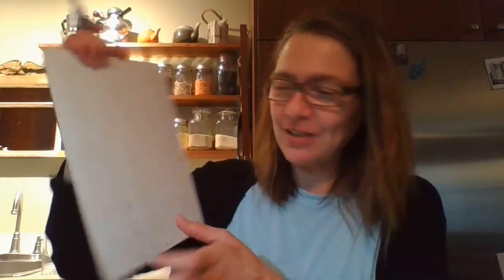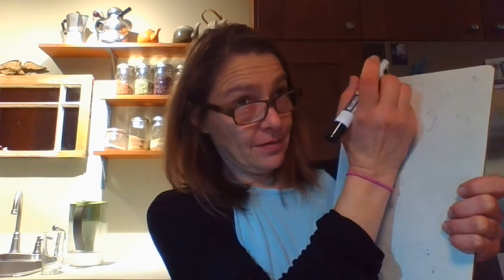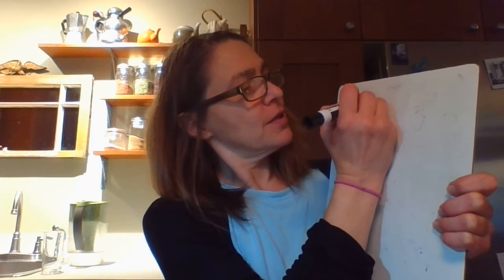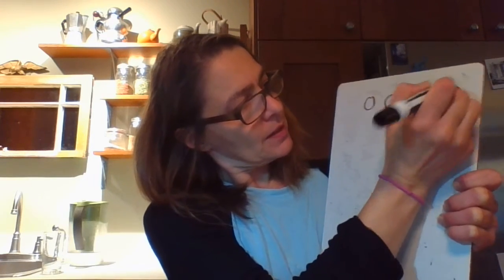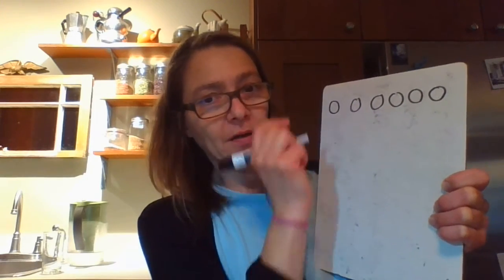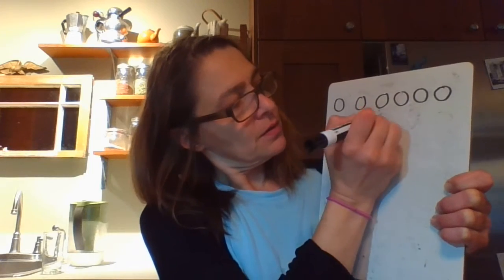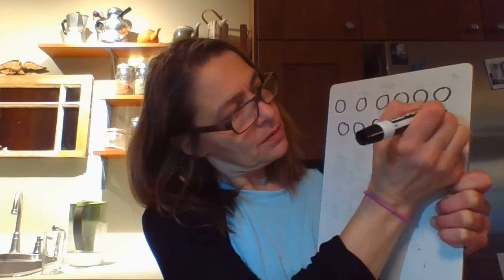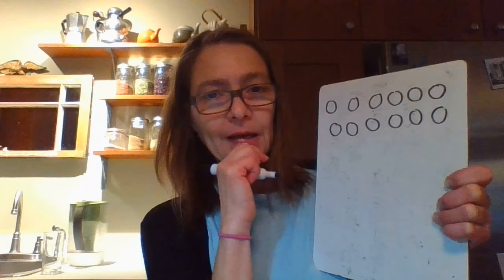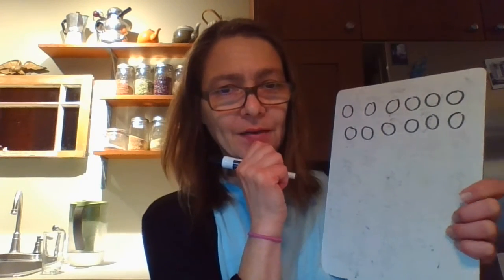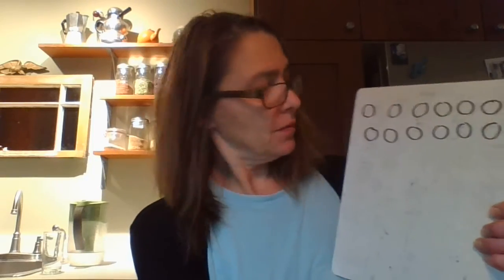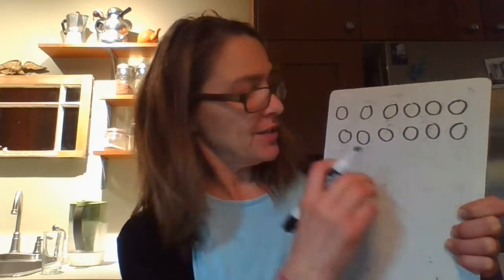I am being a bird watcher, and I see 6 birds on one tree branch, and I'm just going to use circles. And I see 6 birds on a lower tree branch. 2, 4, 6. Okay, how many birds did I see while I've been doing my visual birding observations today?